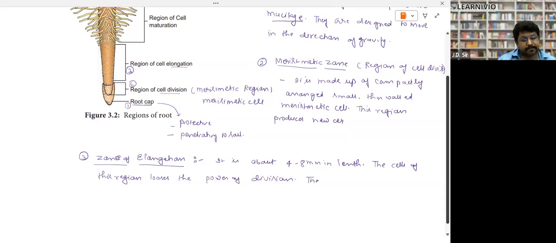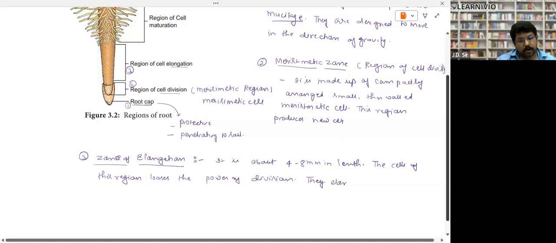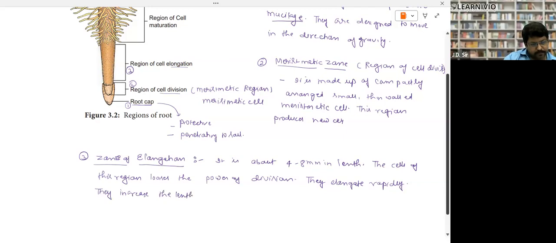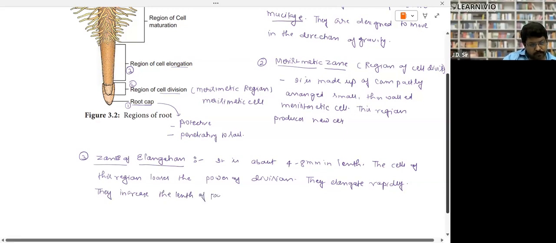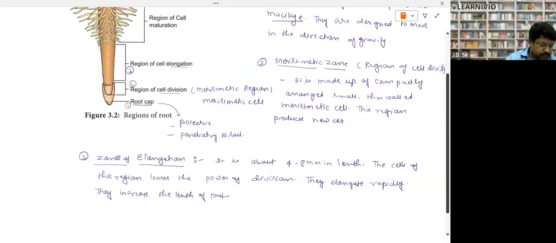They elongate rapidly and increase the length of the root. Note it down.